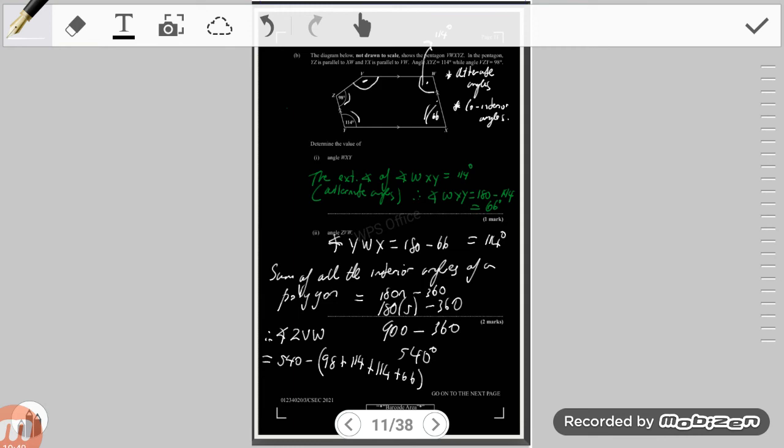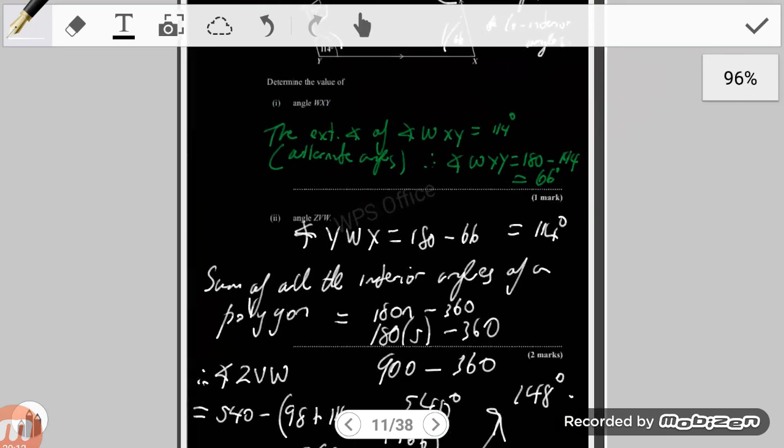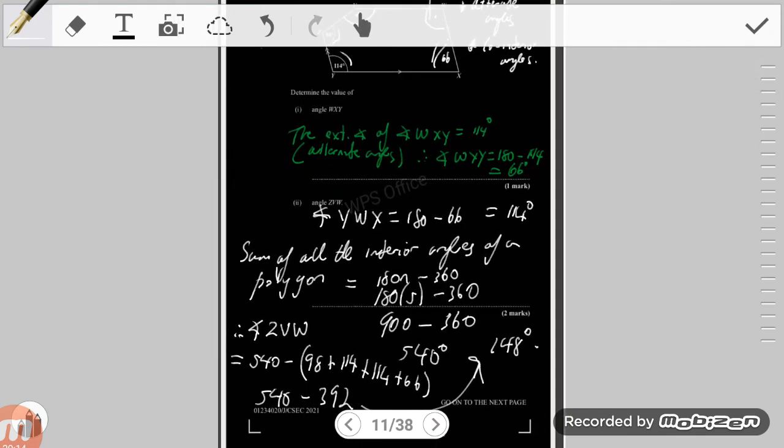That's going to give us 392, so that's 540 minus 392, and that will give us the answer to the angle that we're searching for. That's going to give us an angle of 148 degrees. Alright, so that's pretty much how we would go about calculating that.